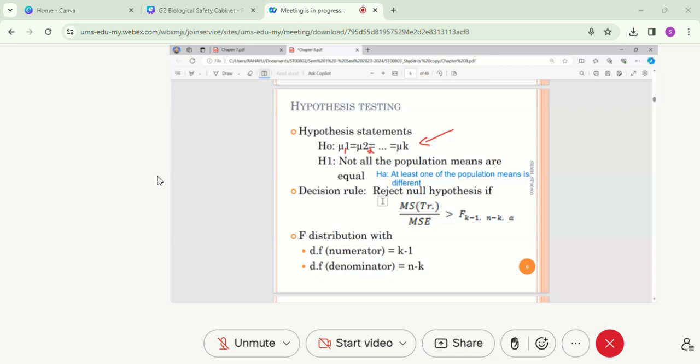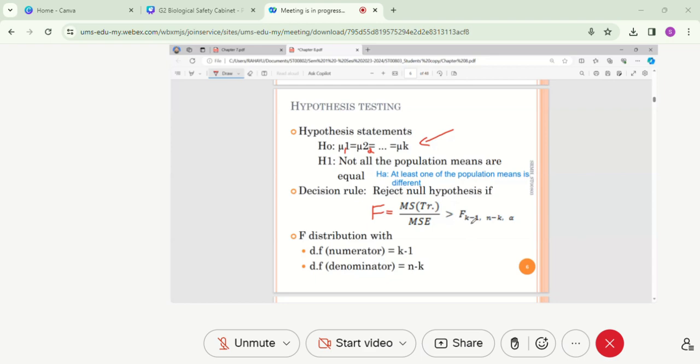So the decision rule is that you reject the null hypothesis if the F statistic, which is obtained from mean square of treatment over mean square of error, is greater than the F critical value.